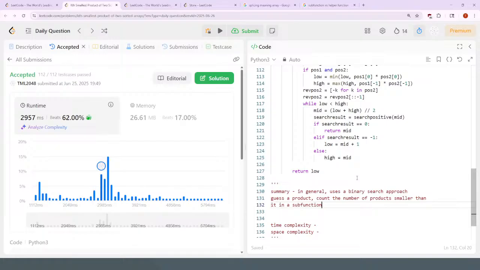Count the number of products smaller than it in a subfunction. Here, the functions are search negative or search positive. And based on that count, determine if the guess is too small, too big, or just right.